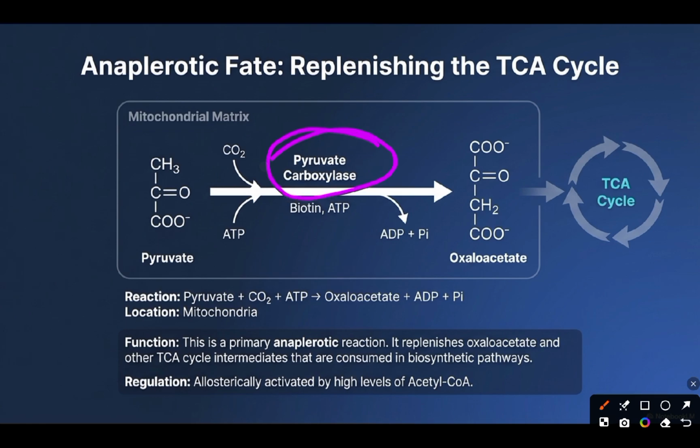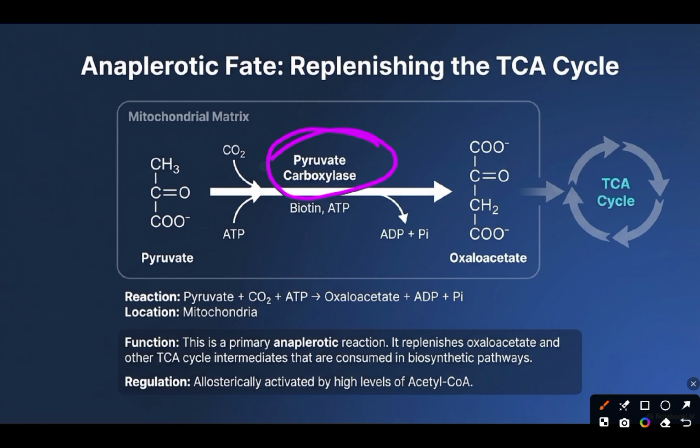We are talking about pyruvate metabolism, in which pyruvate will undergo 4 different processes depending on what your body needs. If your body needs ATP, it will undergo conversion to acetyl-CoA in aerobic respiration. If your body does not need energy, or if your body needs energy but there is no oxygen, it will undergo the formation of lactate, stimulated by the enzyme lactate dehydrogenase, and that process is anaerobic.